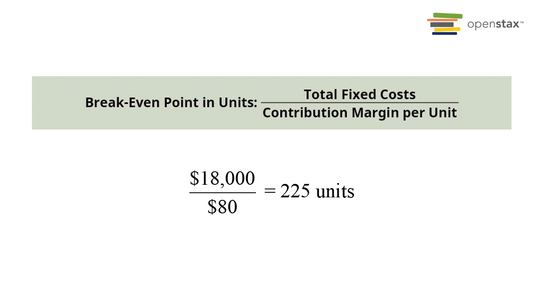That means that when they sell 225 units, they will have enough money to completely cover their cost. If they sell 224 units, they're losing money. Once they pass the break-even point, they sell 226 units, they start making $80 of profit from each product.